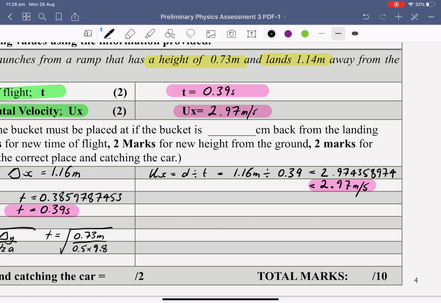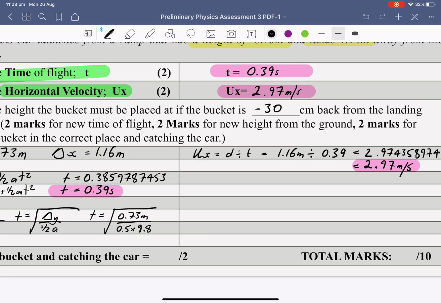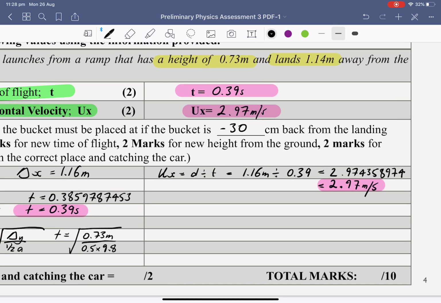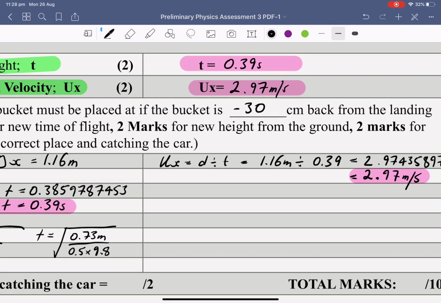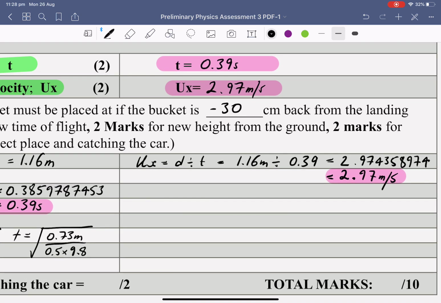Now, for the purpose of this question, I'm going to bring the bucket back 30 centimeters from the finish. So the equation we're going to have to do here is calculate the new time. To do that, it's quite simple.